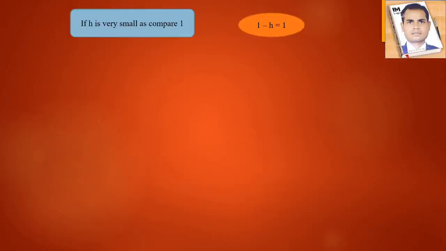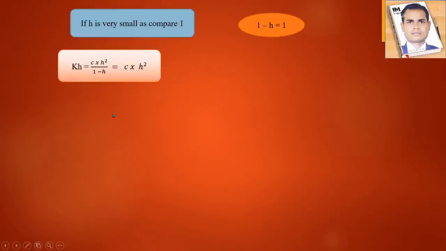And if h is very small as compared to 1, then 1 minus h is approximately equal to 1. That's why we can write the hydrolysis constant, Kh, equals C h squared divided by (1 minus h), which is equal to C h squared.